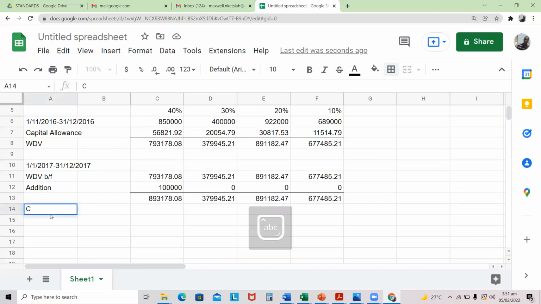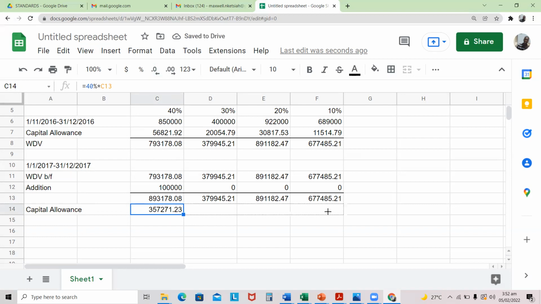So calculate capital allowance. This one is 40%. This is for the whole year, so we will not apportion it by time. So 40% times this, we'll get the answer, then you do it for the rest of the years.